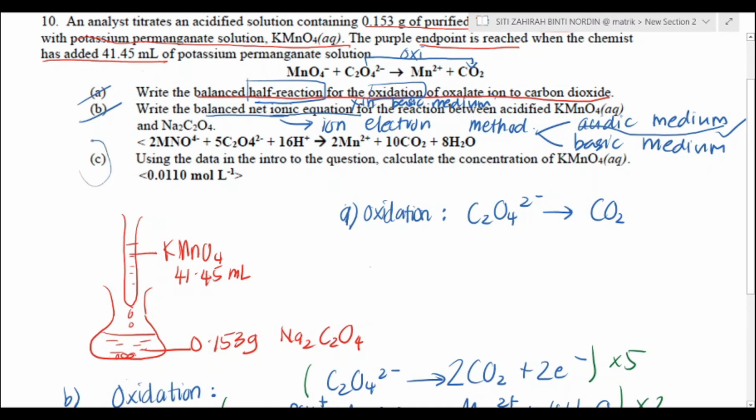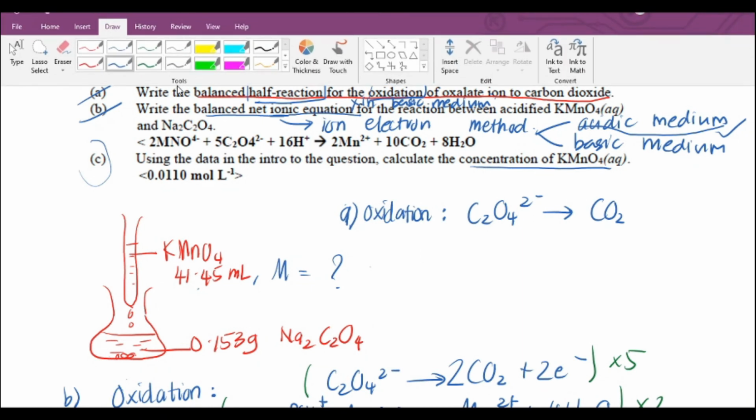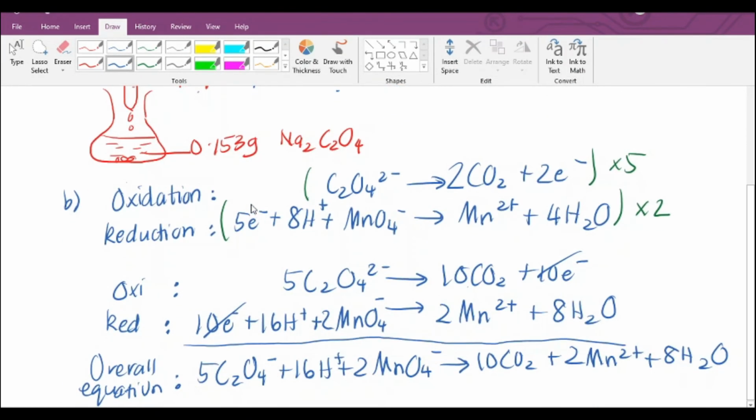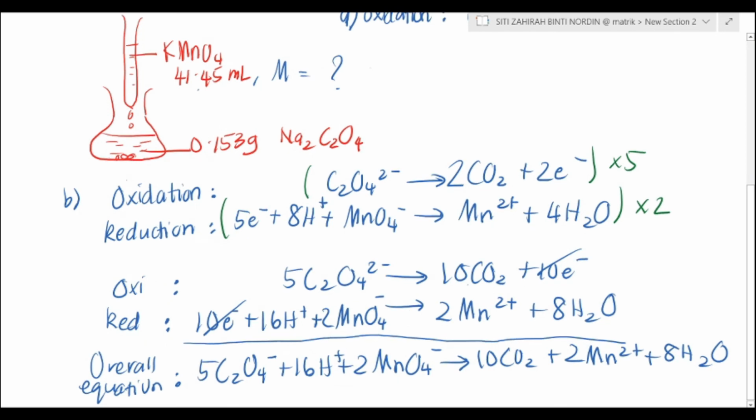So the last question, using the data in the question, calculate the concentration of potassium permanganate. Okay, so what is the molarity for potassium permanganate? So we have mole already. We can calculate it by using the formula of molarity.